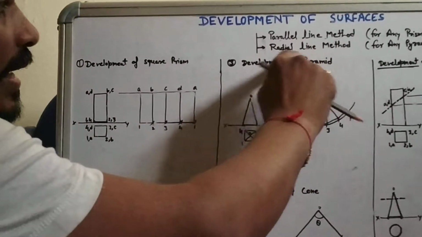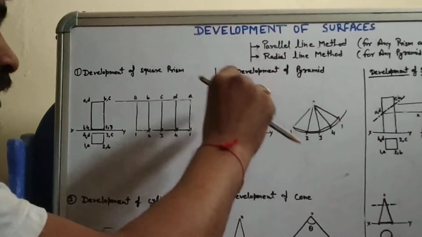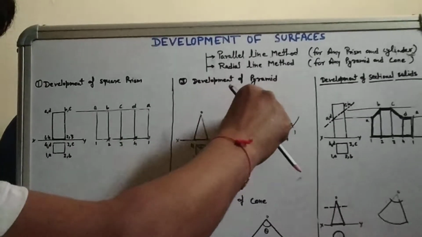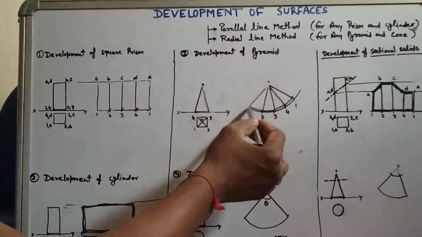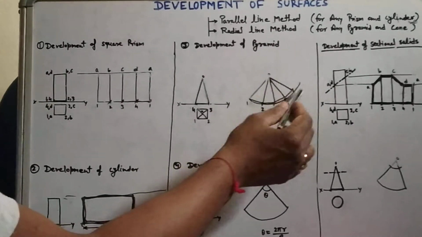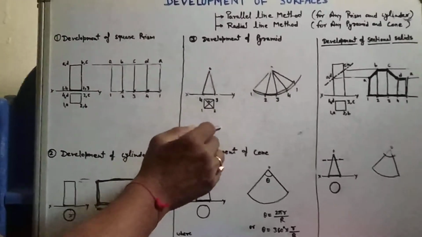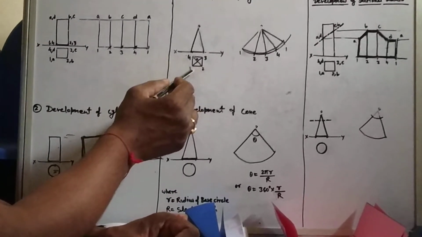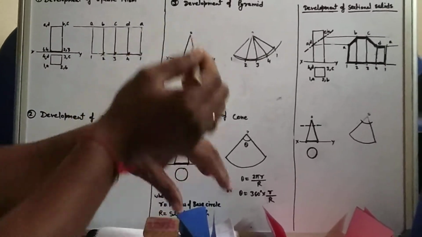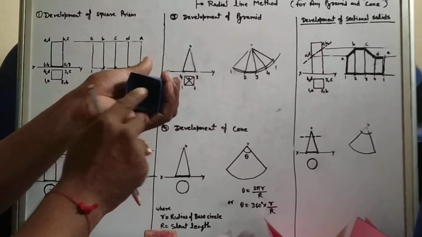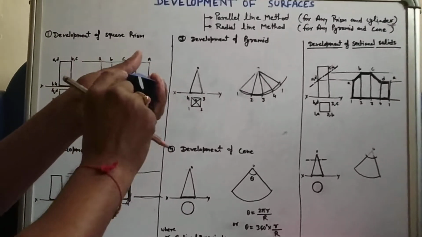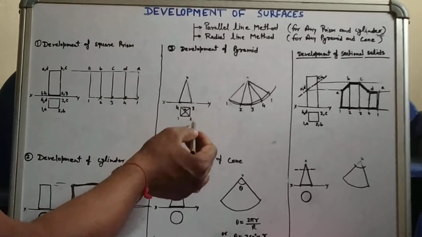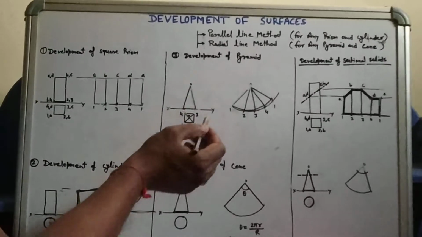Why is it called the radial method? Because in this case we take a radius and draw a line equal to that radius. So this is what we have drawn roughly. After that, in the case of the square pyramid there are 4 square faces: this is 1, this is 2, this is third, and this is fourth. 1 to 2, 2 to 3, 3 to 4, 4 to 1.